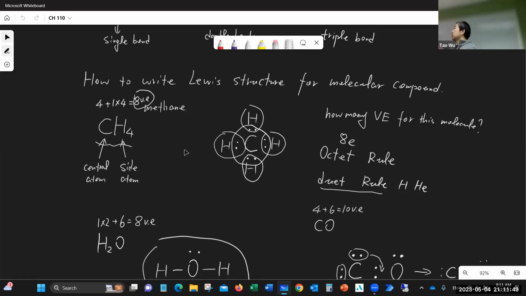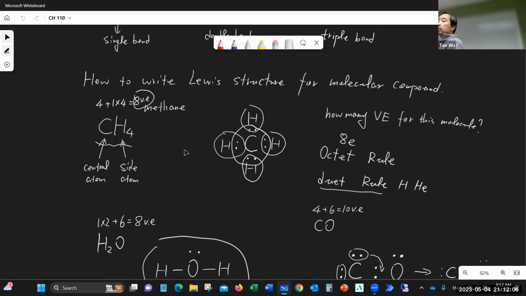In your test, generally it's all even numbers, no odd numbers. This is because in the molecular compound, all the electrons pair to each other.